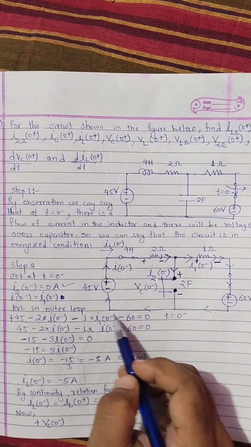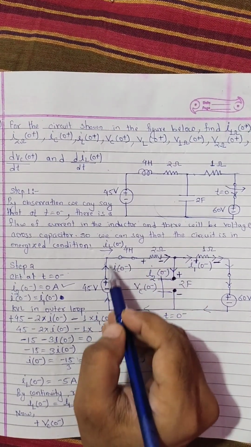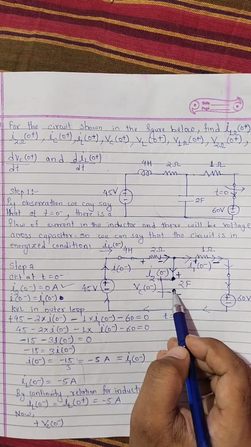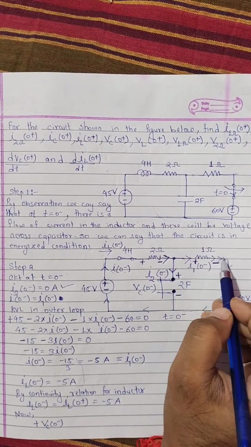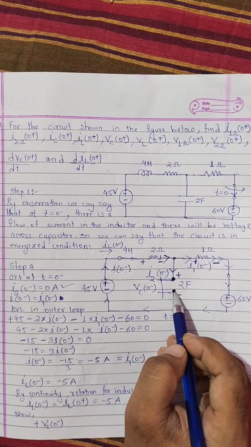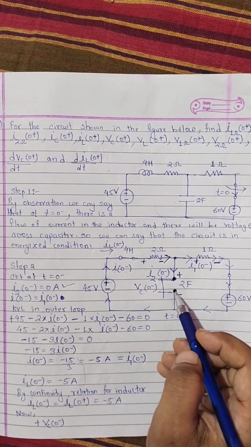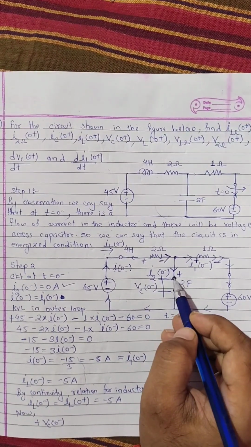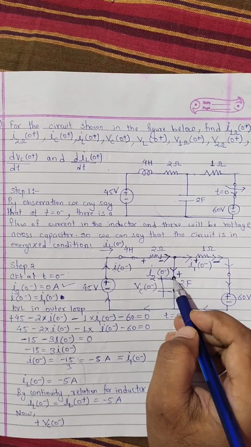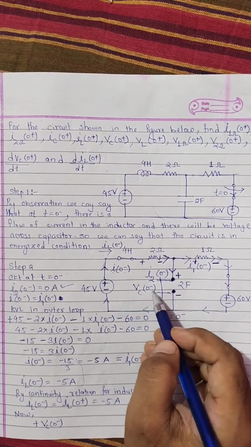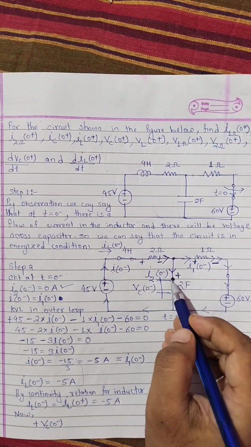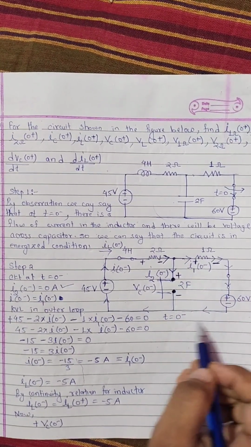One path is from the starting point through this path to the finishing point, and another is this path also. So this is higher potential, the sign convention is plus, and the potential of this terminal is VC0 minus. Now we will follow this path.